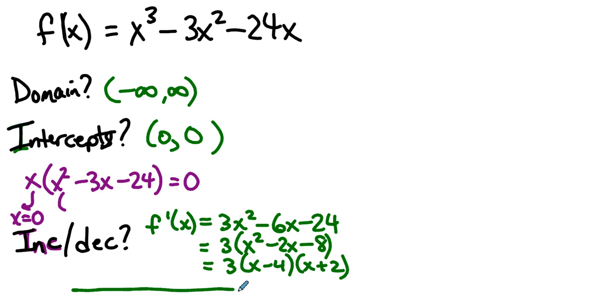And so if we were to take a look at an f prime chart, there are two key values on the f prime chart, the place where this is 0, the place where that is 0.